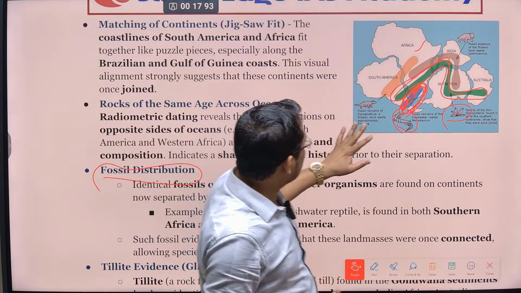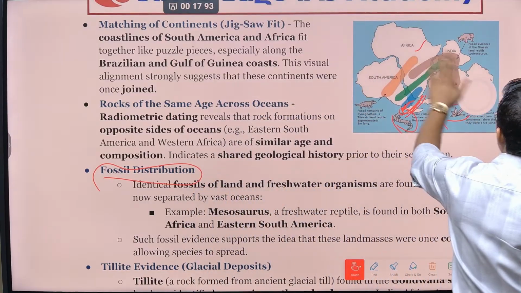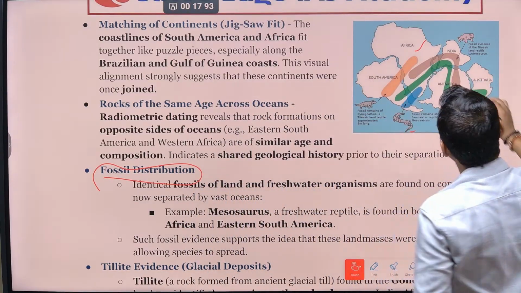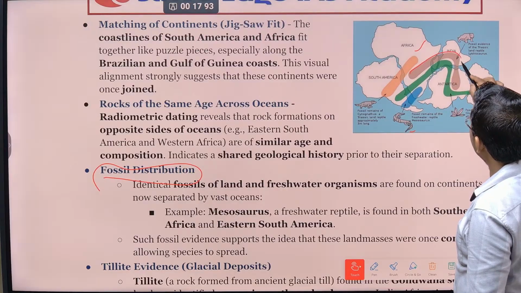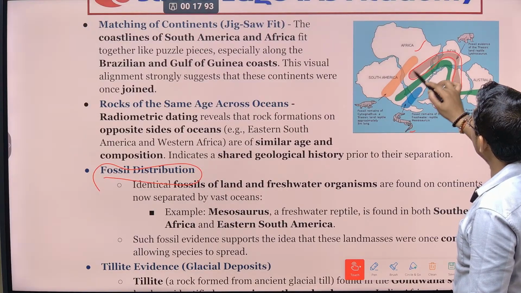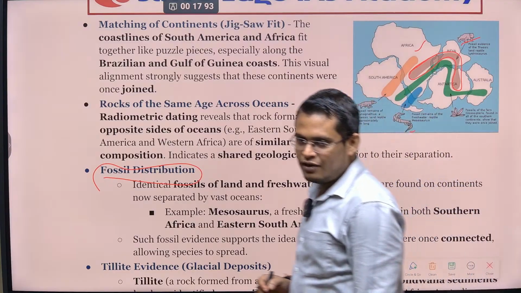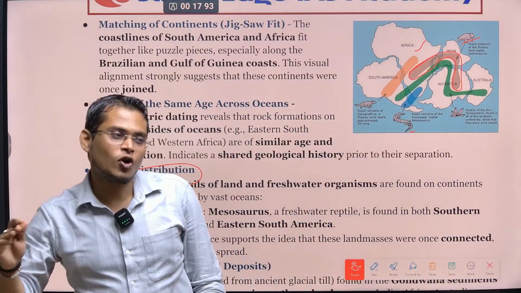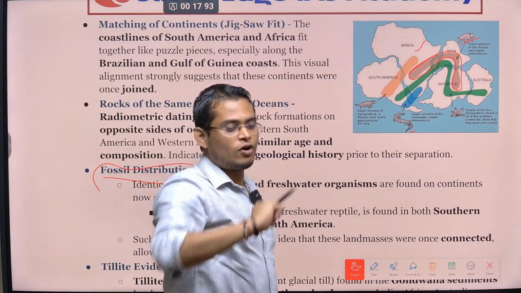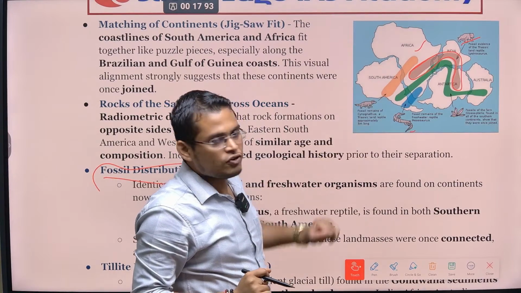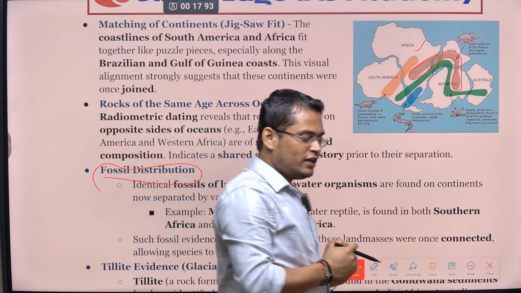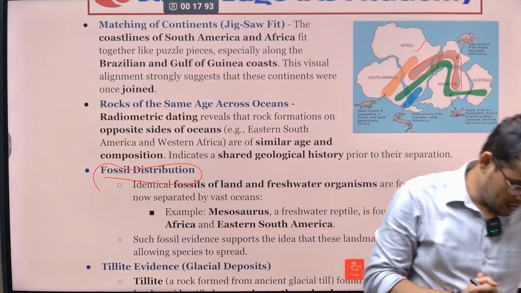With this fossil evidence, you can see one more species is found in Africa, India and Antarctica only. It is not possible for this small species to cross the vast ocean and reach a new continent. This finding of the fossils also shows that all our continents were once joined together.